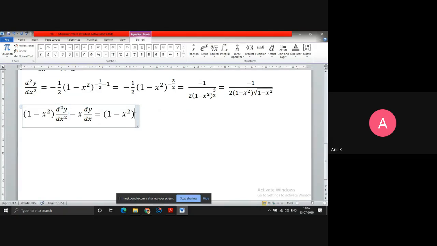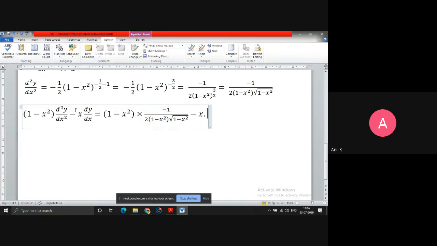So in place of d square y by dx square, I substitute this entire term, and if you want I'll put the multiplication symbol. Then minus x into dy by dx. What do you get as the dy by dx value?